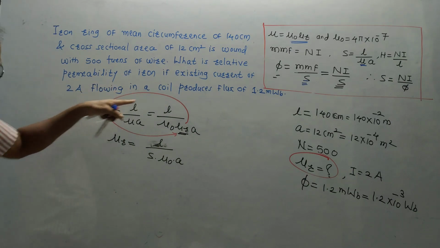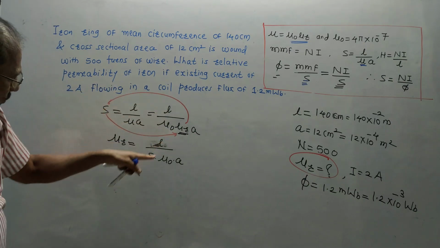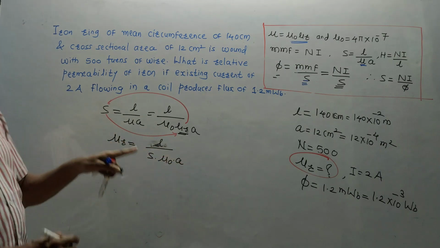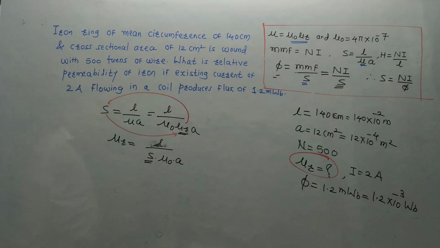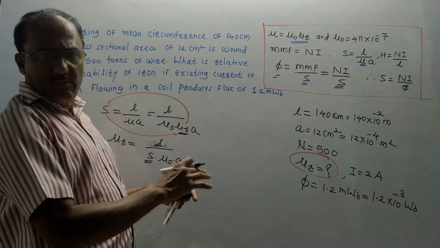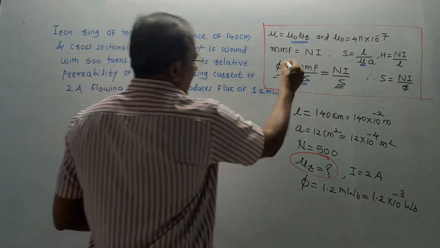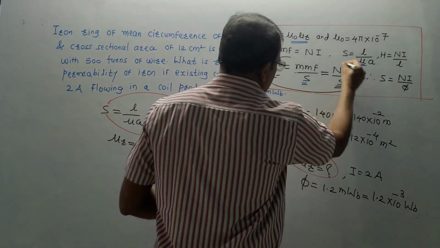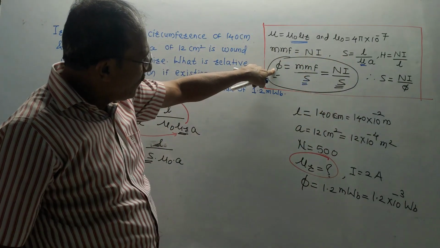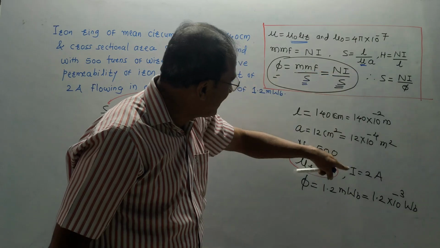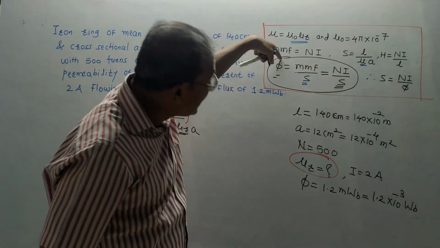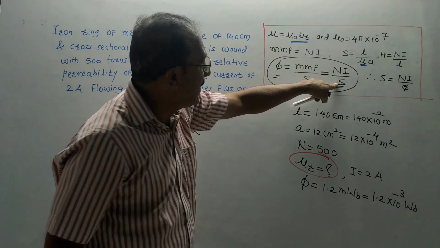The question arises, I don't have the value of S, then how to calculate value of S? Again refer the given quantities and think, how can I make use of S? I can well make use of this equation because I have the formula of phi. Phi is mmf upon S, or Ni upon S. I is given, N is given, phi is given. So from this I can calculate the value of S.